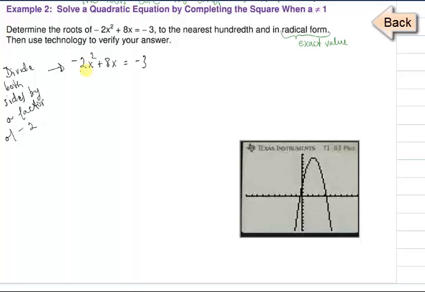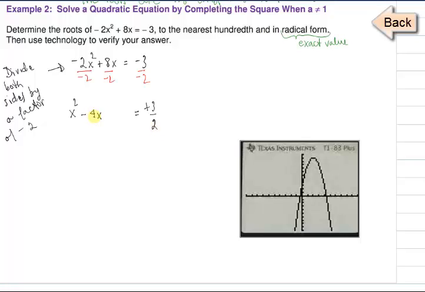Okay, so that means we want to divide everything by -2. So -2x squared divided by -2 is x squared. 8x divided by -2 is -4x. Leave some room, and then equal to -3 over -2, which will actually make it positive. Okay, so +3 over 2.